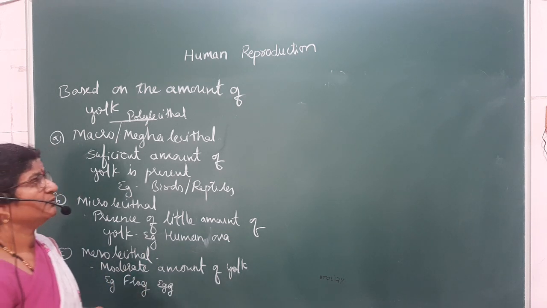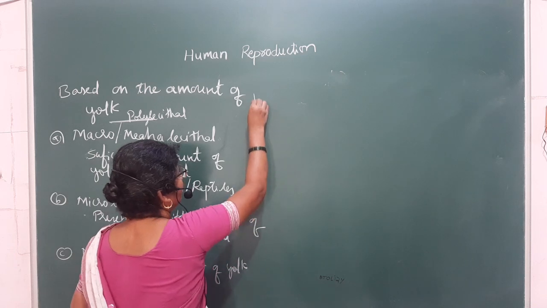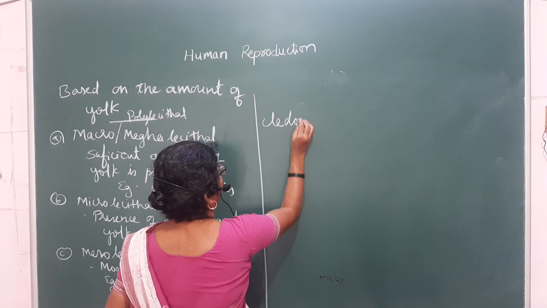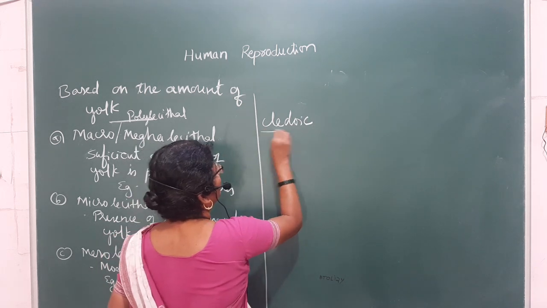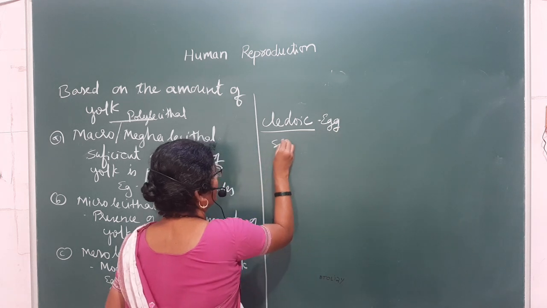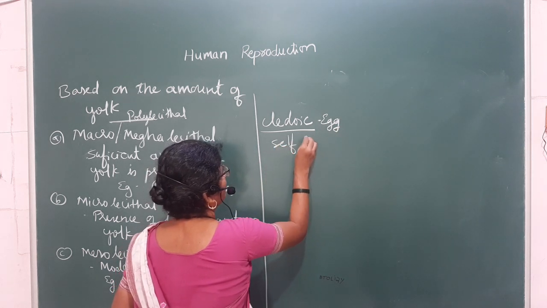Now one more term you have to be familiar with, that is the cleidoic egg. So cleidoic eggs are self-sufficient eggs.